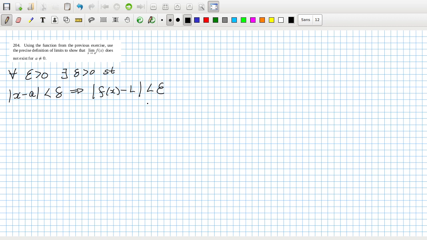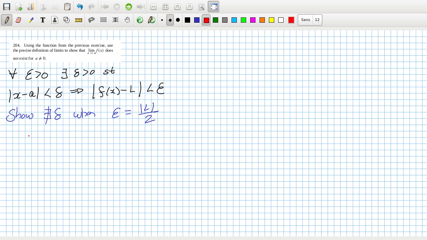So I'm going to show there does not exist a delta when epsilon equals, what will I choose? Thinking like L over 2 maybe. I think that would do it.